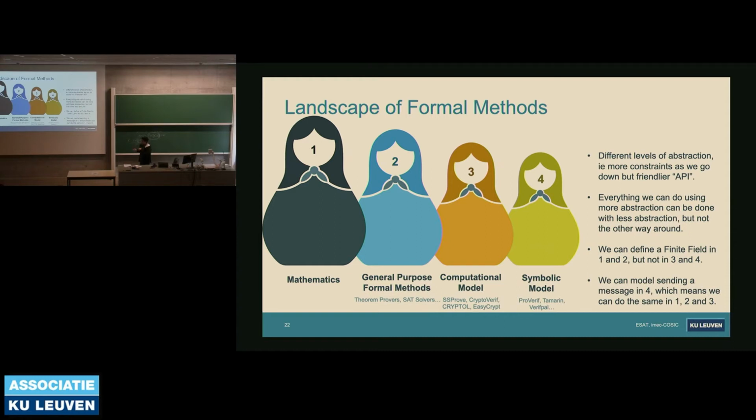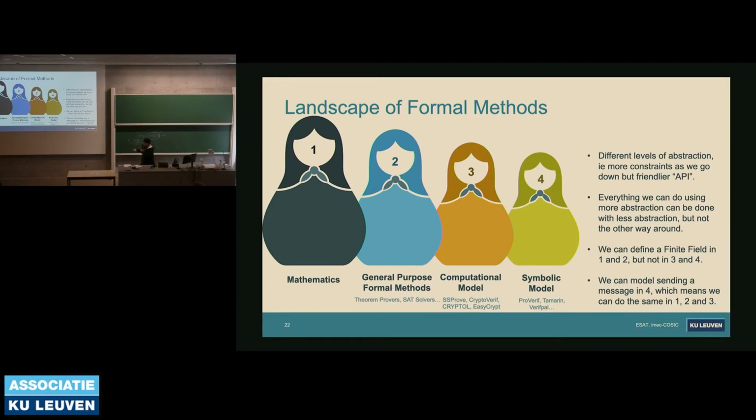As we go from here to here, we have relatively easier tools to use. These tools here kind of grab you by the hand and guide you through the process of verification, while these tools give you more freedom to actually implement what you want. So yes, we can define a finite field here and use it, but not here.